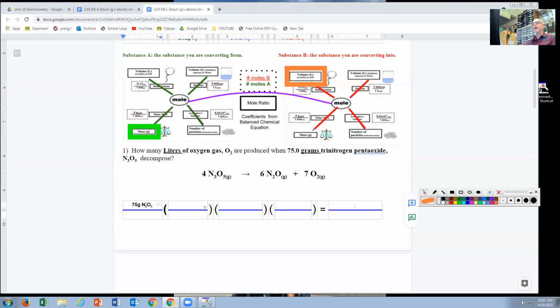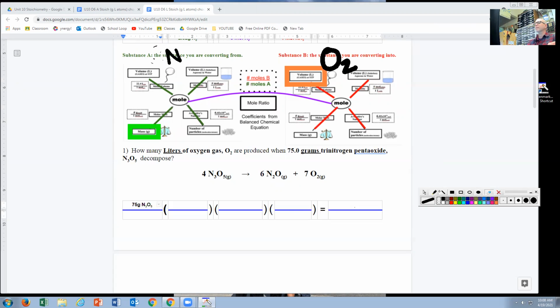Okay, and then we're going to say, well, what are we looking for? Well, we're looking for liters. Liters of what? Well, let me write that in for us, because it is easier when we write it in. This would be oxygen over here, right? And then over here is going to be, whoops, not C, it's going to be N. Let me delete that really fast.